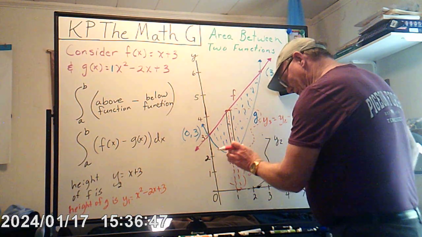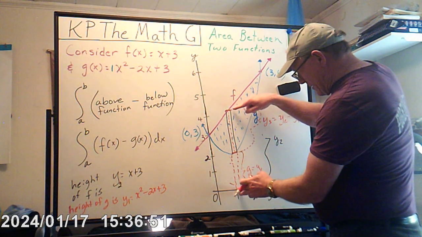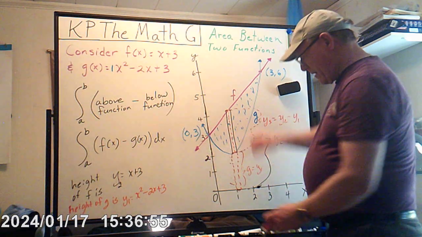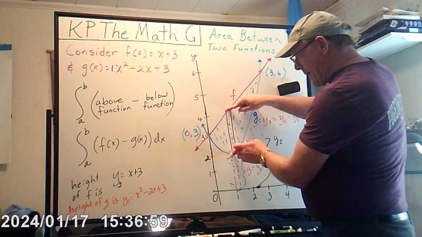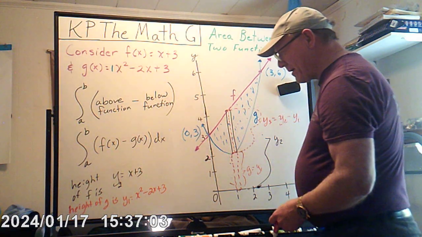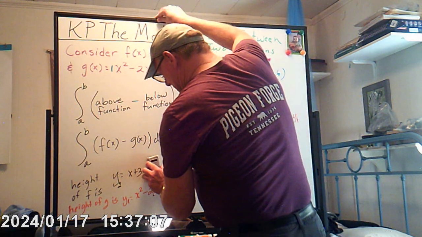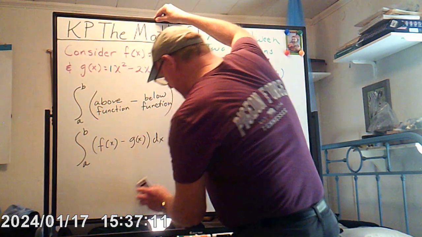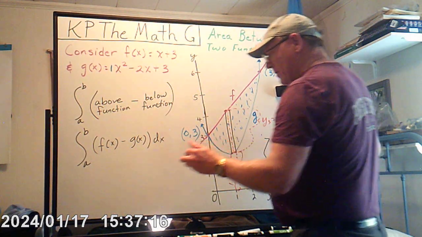I want this height gone. This minus this is this. F minus G is F minus G here. That's what it is. Okay? So, here's what I'm doing.